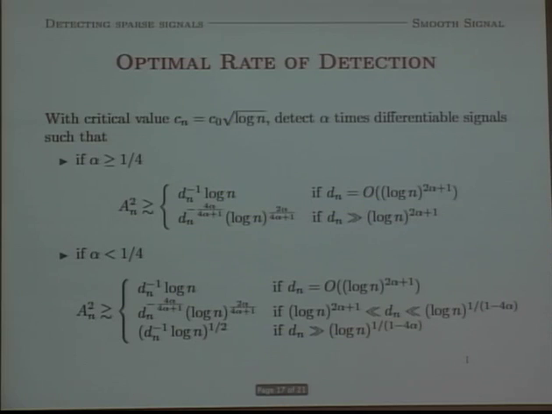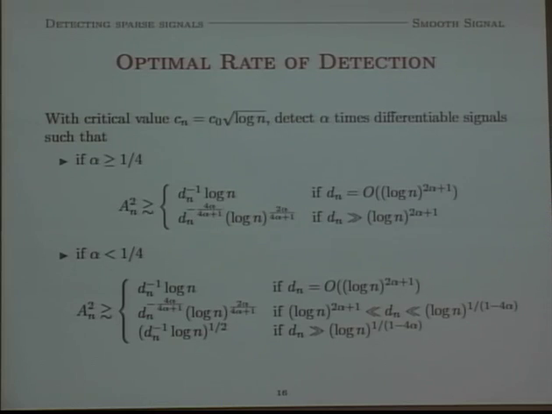With this choice of the binning size, you can identify the rate of detection using this particular detector, that is, what kind of signals we can detect. Again, not surprisingly, we would have essentially 2 different regimes depending on how big your alpha, the order, is. If the order is greater than or equal to 1/4, you have 2 phases. So you have a change.